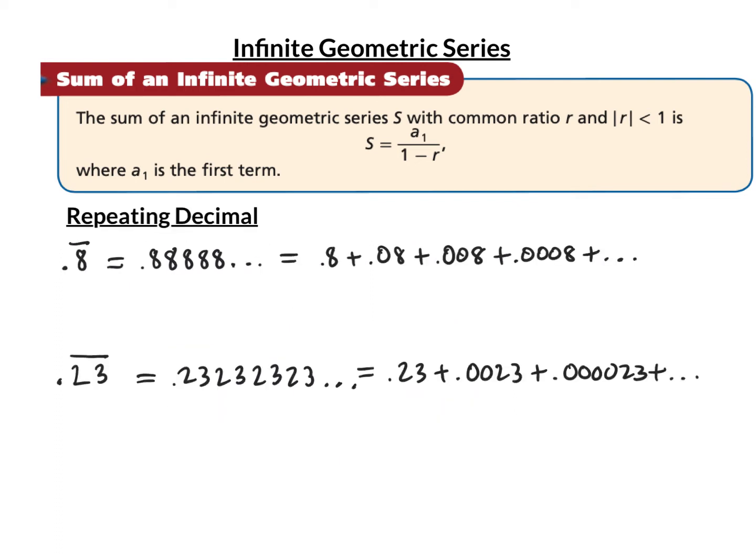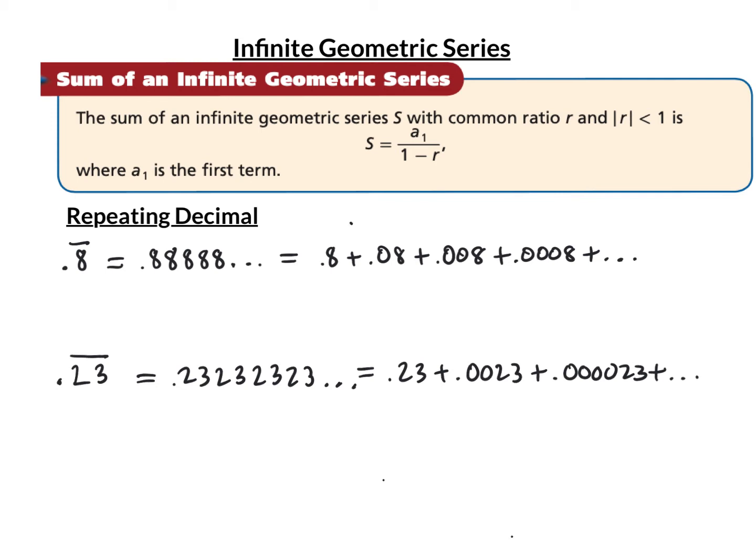It turns out that we can apply what we just learned to repeating decimals. We can find the fraction that a repeating decimal represents. To do that, what we do is take a repeating decimal and write it as a geometric series. 0.8, for example, 0.8888 to infinity, is 0.8 plus 0.08 plus 0.008 plus 0.0008.